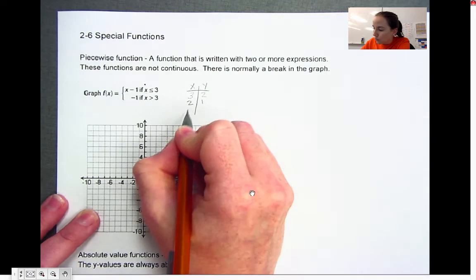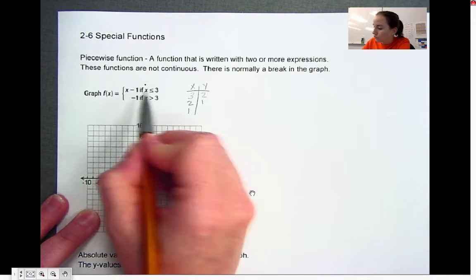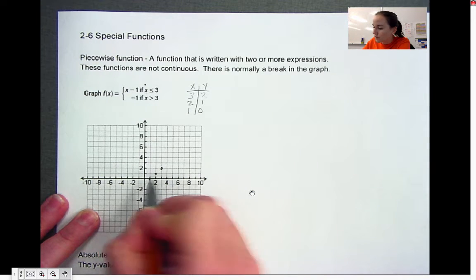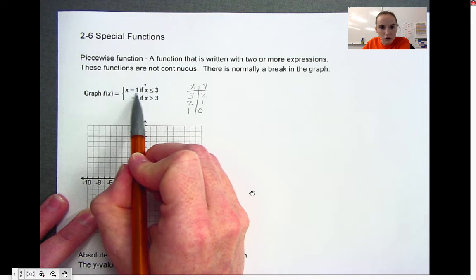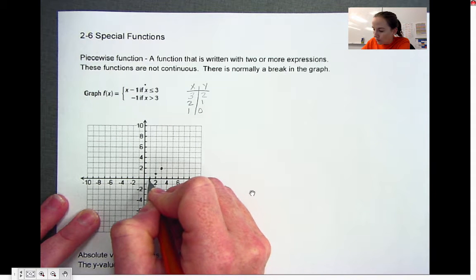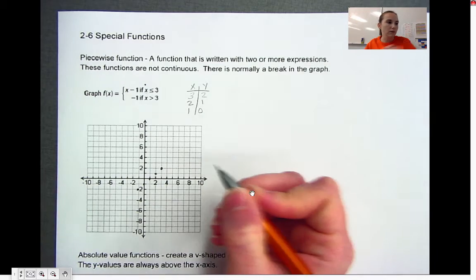Okay, and then at 1, when I plug it in, I get 1 minus 1 is 0. So at 1, I'm at 0. And this is going to continue because this is a linear expression, a linear function here. It's going to continue going down 1, 1. So I can keep making this forever and ever that way.